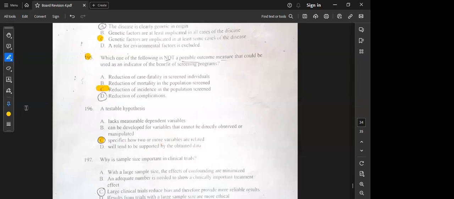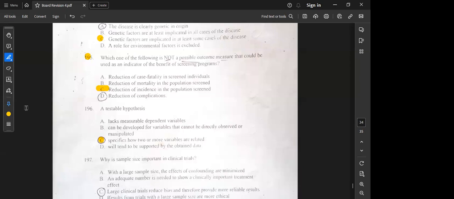Mortality and fatality. Case fatality refers to deaths or other fatalities within a diagnosed population. The reason we are saying these two can be used as indicators is that reduction of complications is not a good indicator of the efficacy of screening.